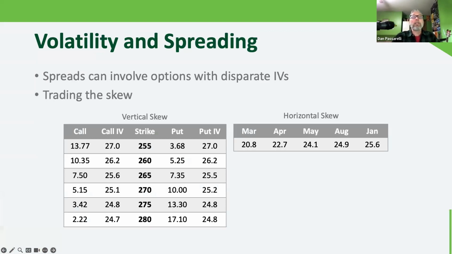And this is just sort of a picture of what some of these things that we've been talking about might look like. This is your vertical skew going through the strike prices. Maybe the at the money is somewhere around here, 268 or something. Well, at the lower strikes, we see the implied volatility go up, right?